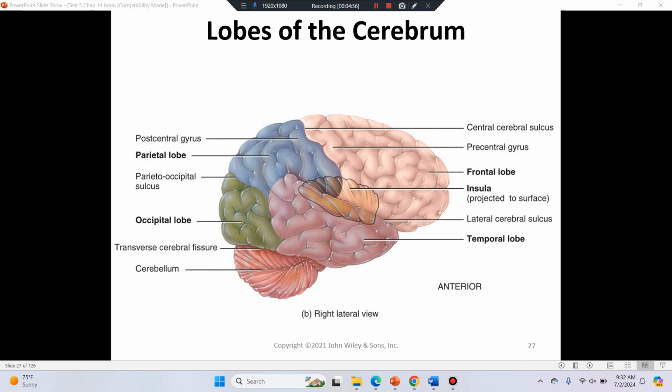Altogether, all these lobes are going to be associated with the cerebral cortex, gray matter, and its big overall job is consciousness. And what is consciousness? You can write books on it, and even scientists are still working on it.